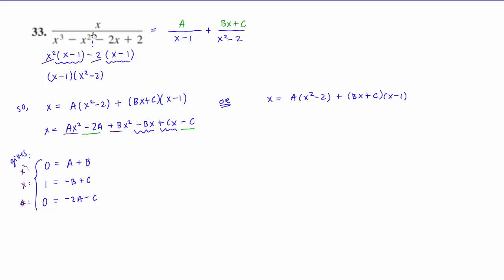We want to look for convenient choices for x, so perhaps we choose 1 first. If we let x be 1, the last term will cancel, so each x gets replaced by 1. 1 equals a times 1 squared minus 2 plus b times 1 plus c times 1 minus 1.